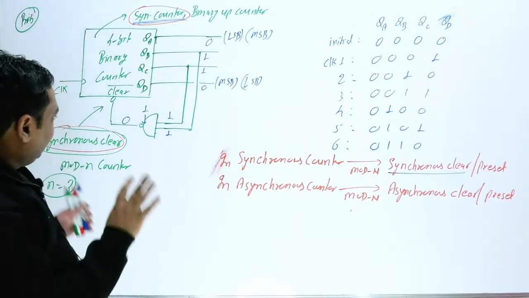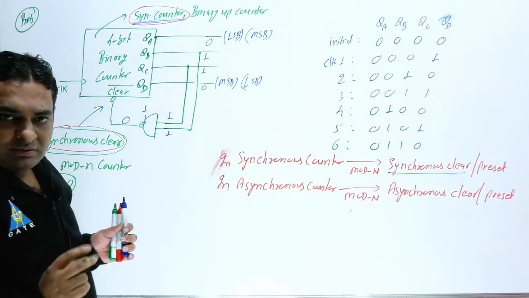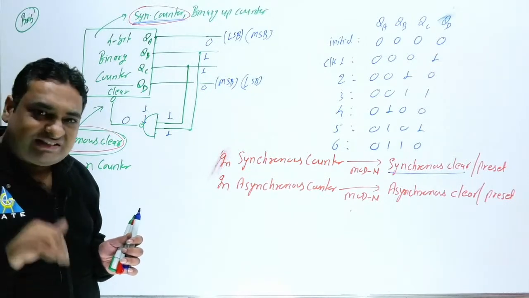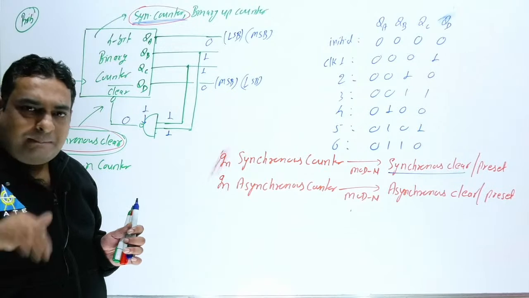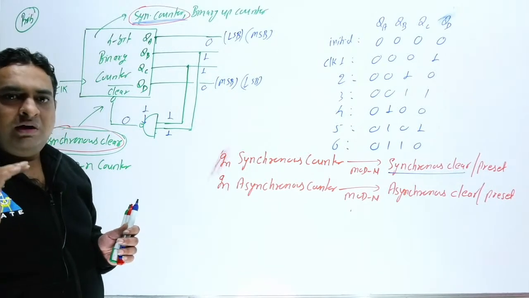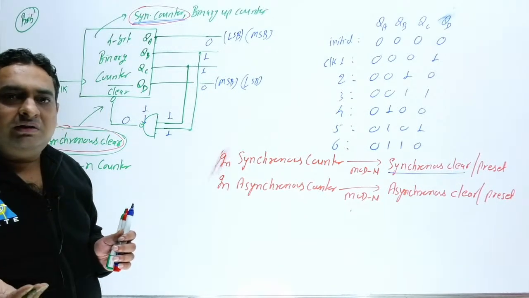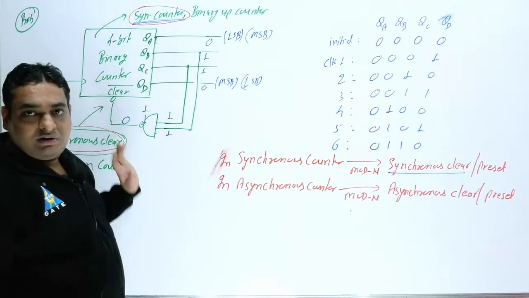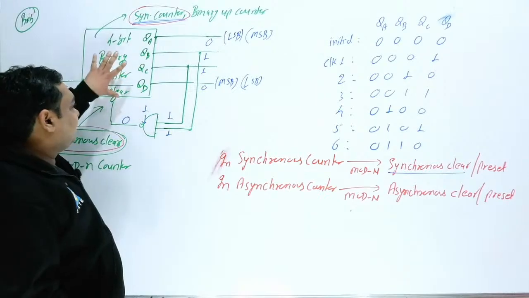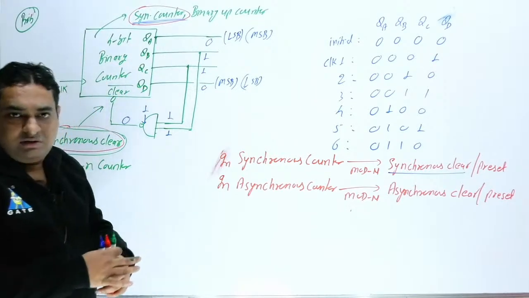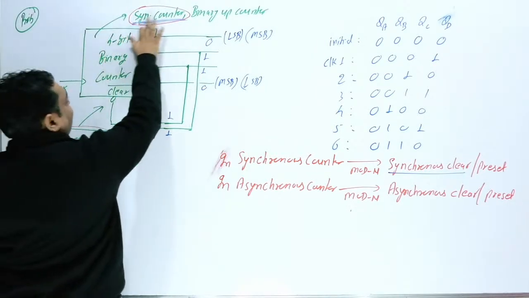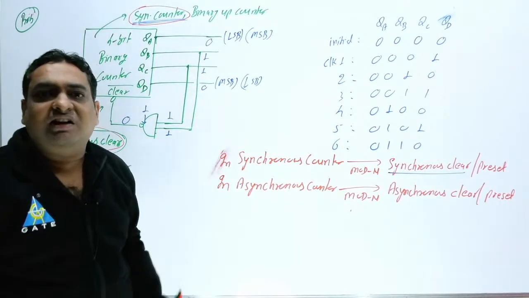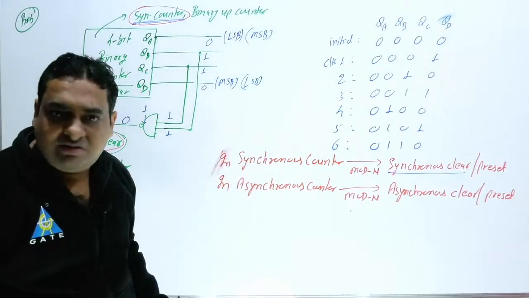Using that mod 3 counter, I am going to use a 2-bit counter and design a mod 3 up counter, which is in the category of synchronous counter. And by using that you can think what will be inside this circuit. So if the examiner mentions this is a synchronous counter and this is a synchronous clear, what is the exact circuit of this? Then easily you can get the answer.